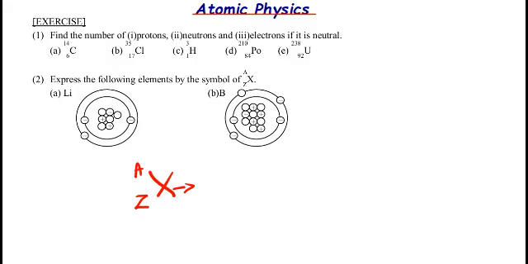Now, what you do, for example, they have said that A is Li, so you write your Li there like that, and then you have to count the number of protons and the number of neutrons, and then you add them together. So the ones you are seeing there with a positive, that is the number of protons, but the ones which are empty, those are neutrons because they have no charge.